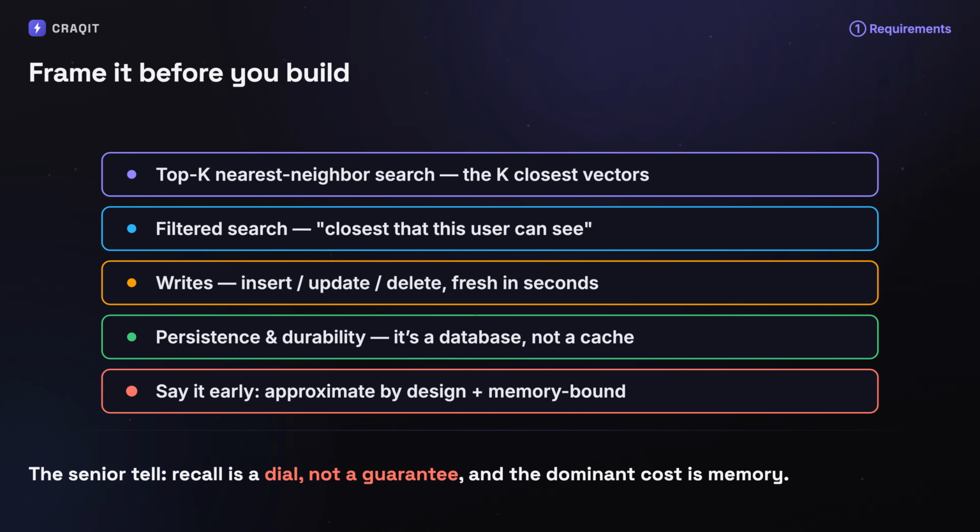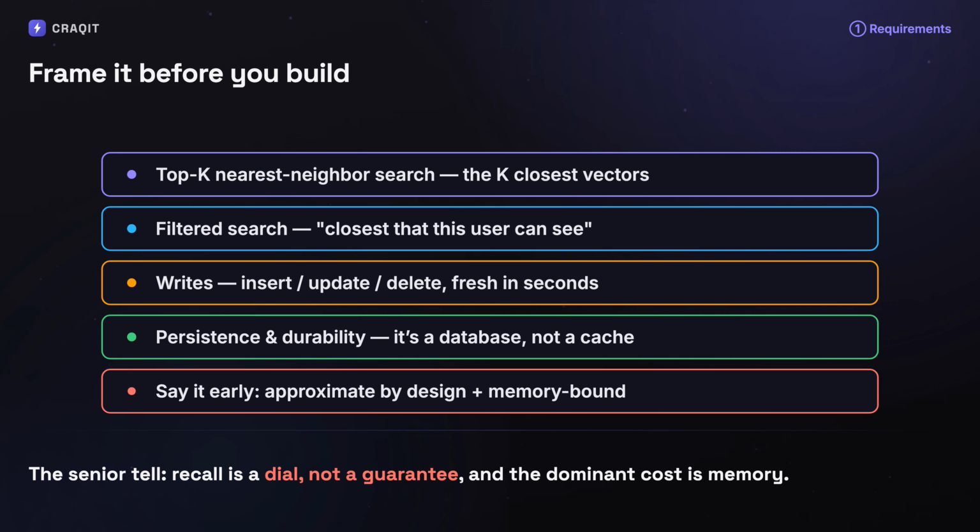Then, the non-functional reality you say out loud early. The system is approximate by design, so recall is a tunable dial, not a guarantee. And the dominant cost is memory, because the fast indexes want to sit in RAM. A useful capacity instinct. A single vector is dimensions times 4 bytes.